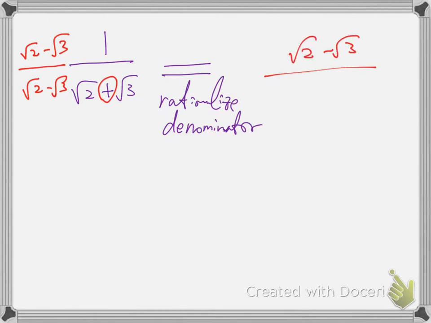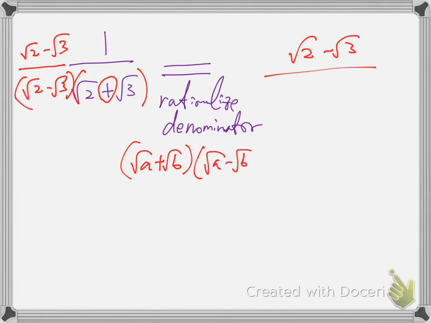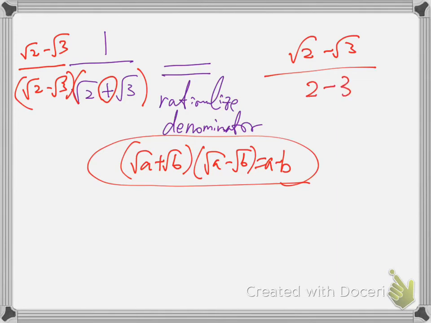The denominator is a product of conjugated radicals, so it's A minus B, if you remember the formula: radical A plus radical B times radical A minus radical B is A minus B. So we get 2 minus 3 here. So it's radical 2 minus radical 3 over negative 1, which is radical 3 minus radical 2.